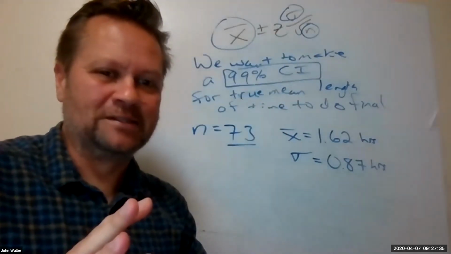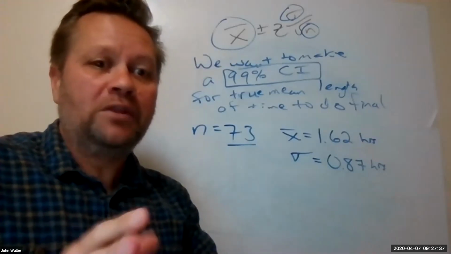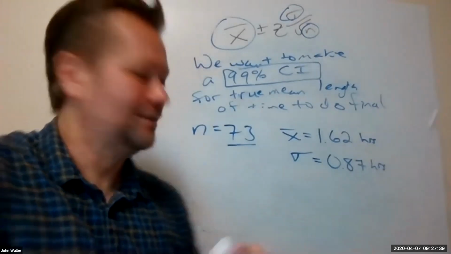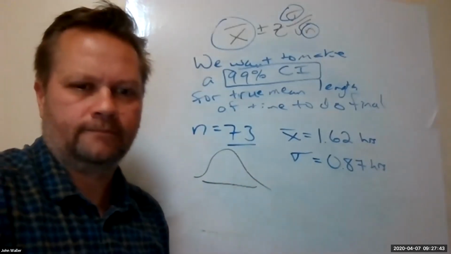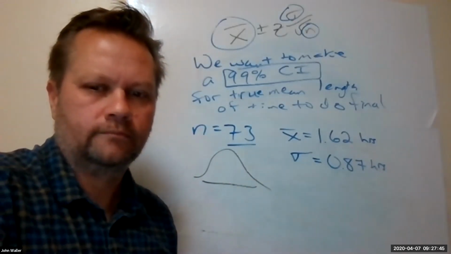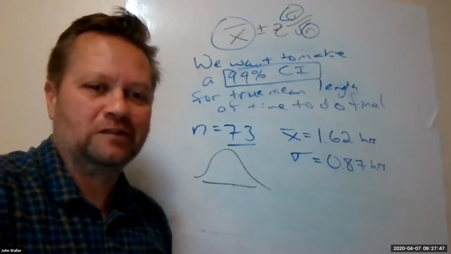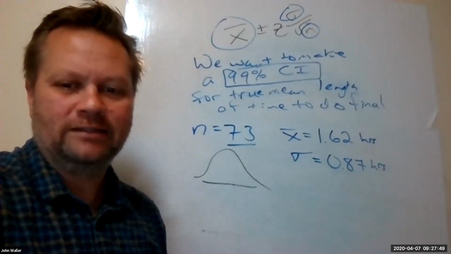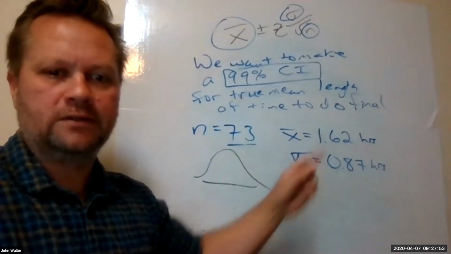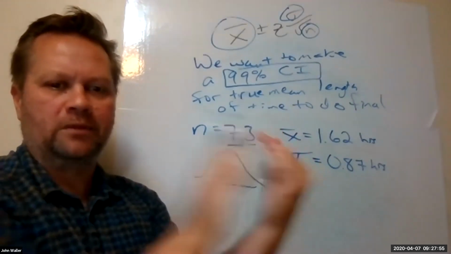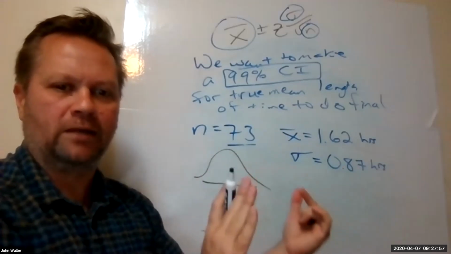So what will this look like? How do I know I can draw this? Because you've done it before, Jeff. Yes, because n is bigger than 30. So I know my sample means will be approximately normally distributed.